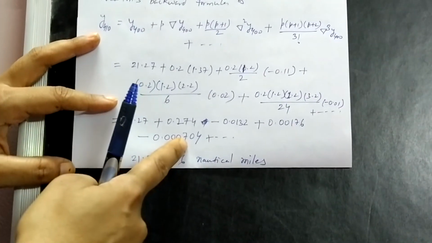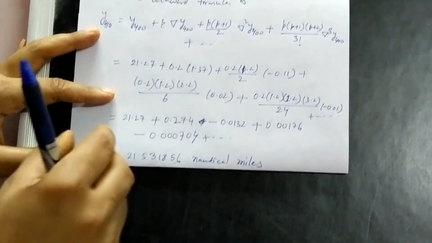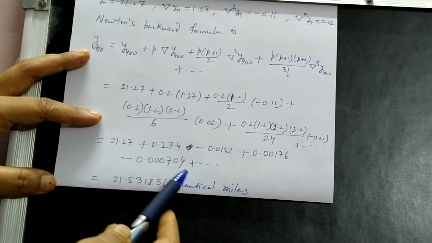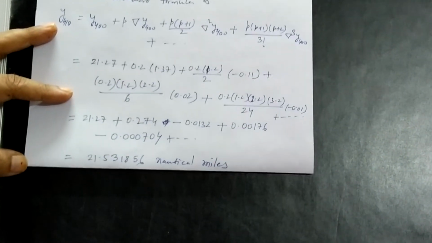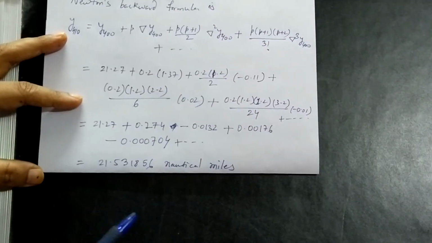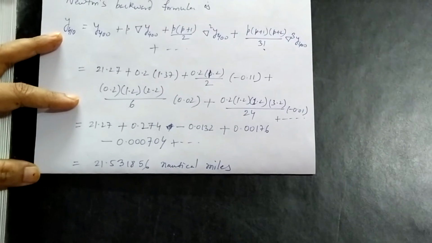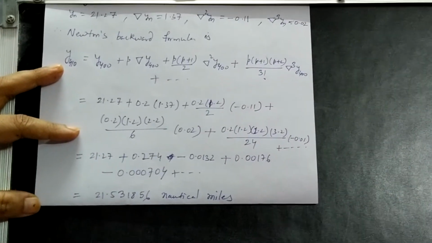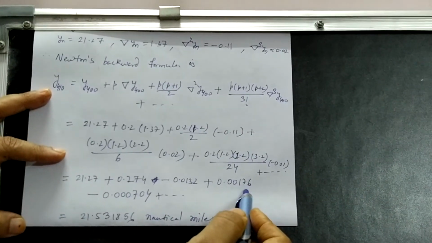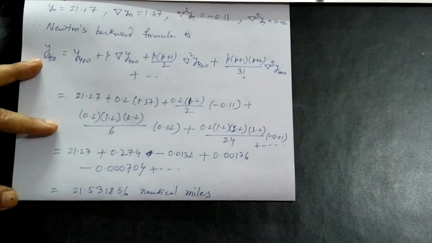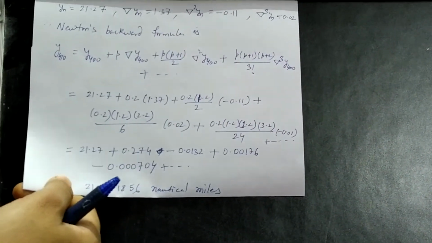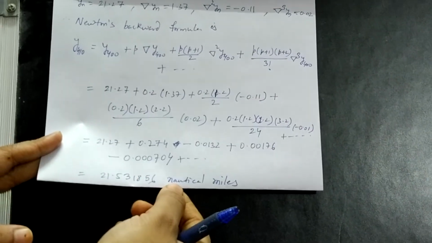It depends on what precision you require. Otherwise, if you compute as many values as there are, then that will be exact. If you have some time limitation or other constraints and want up to 2 decimal digits, then you can stop here, although in the table some of the differences might still be available. This we decide as per our requirement.